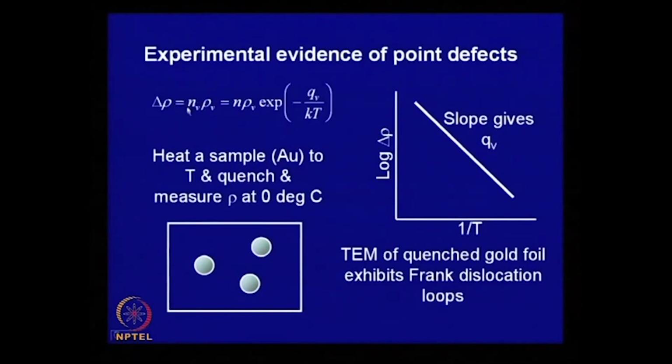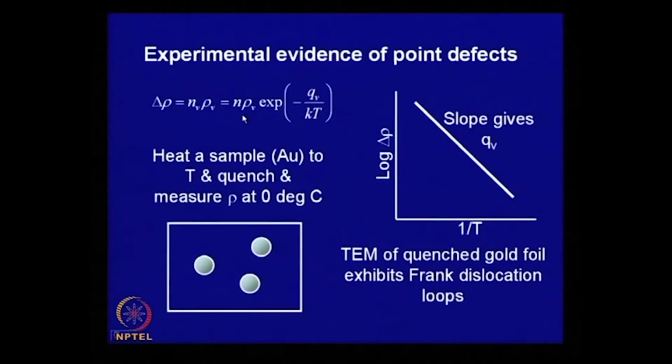We have found an expression for the number of vacancies that can exist in a material at a particular temperature, given as N exponential of minus Q_V over kT, where N is the total number of lattice sites, k is the Boltzmann constant and Q_V is the energy required to create a vacancy in the lattice. This is a very simple expression and you can find the resistivity of a material easily.